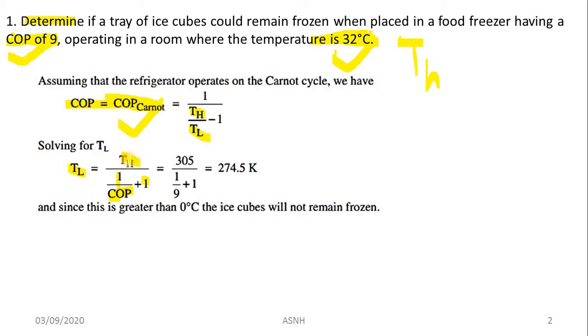Now putting the value of the highest temperature, this is 305, I convert that value into Kelvin by adding 273, and putting the value of the COP, I get the answer 274.5. So this is the lowest temperature.